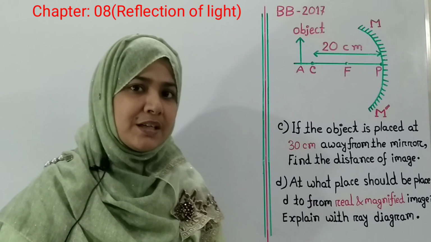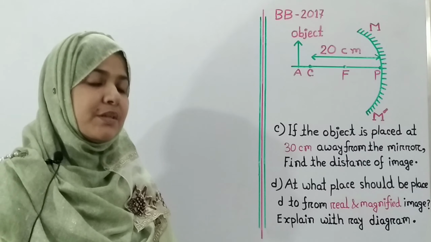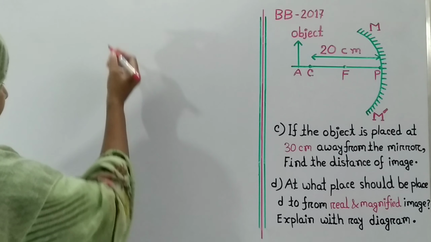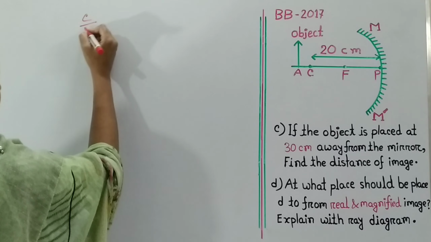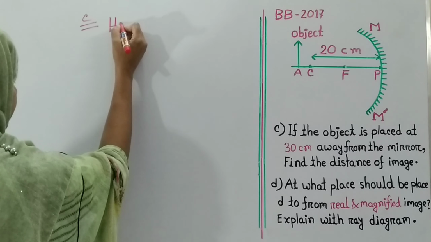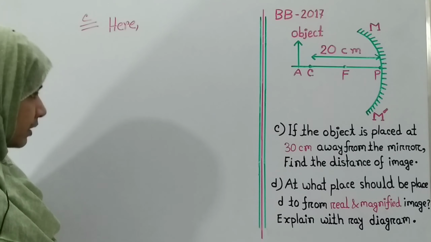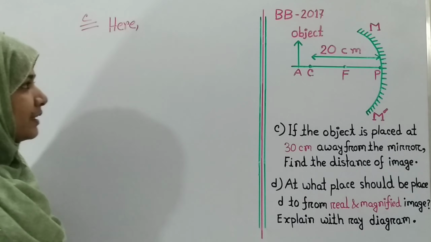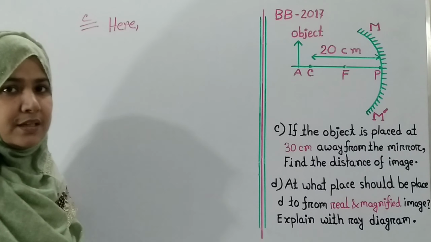Let's start to calculate question number C. The given information for question number C: as you can see, the distance between P and C is given as 20 cm.